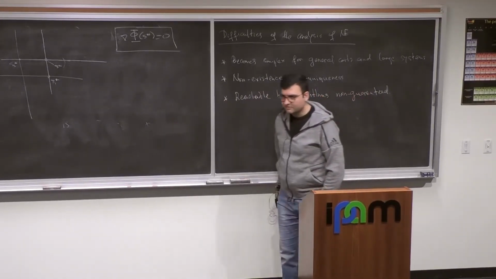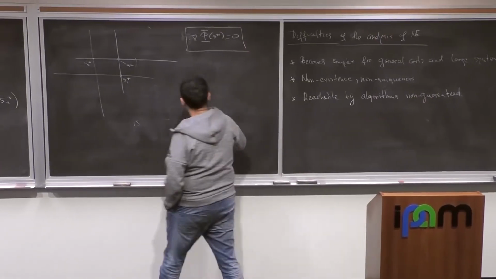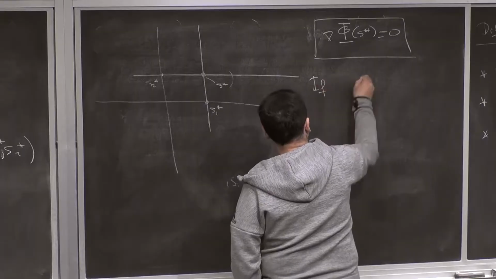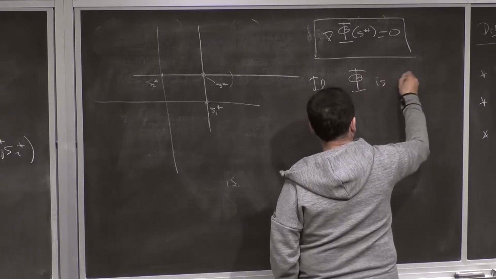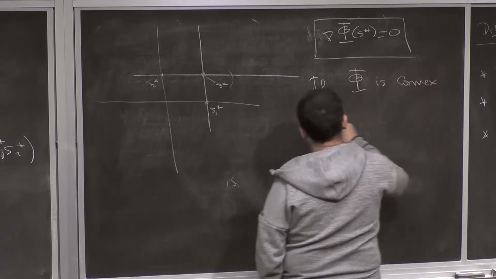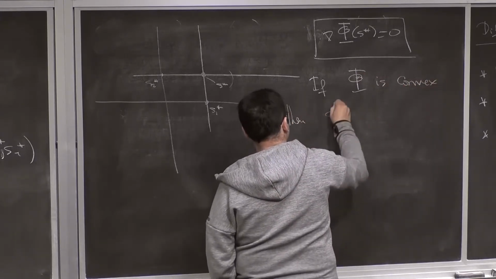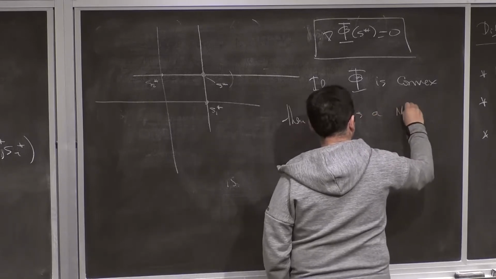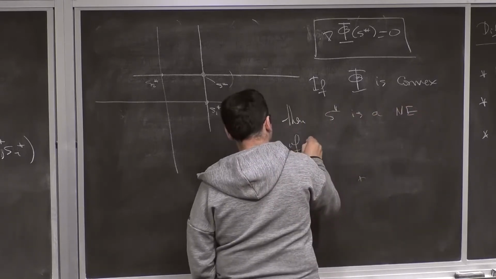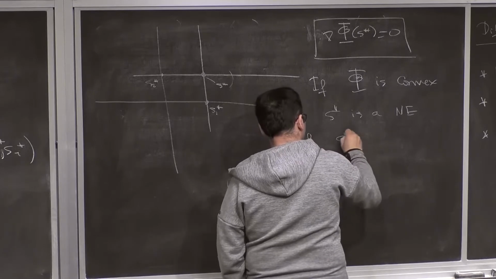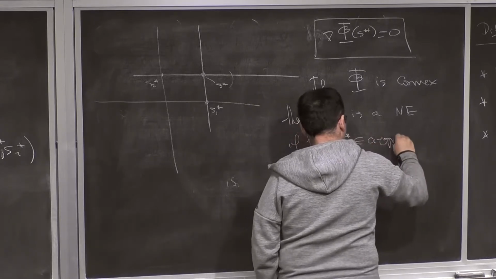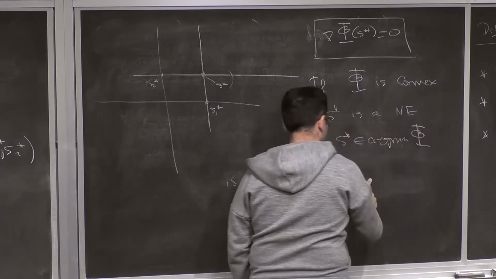It's way more information and way more structure. So how can we get luckier than that? Exactly. If we're even luckier, and it happens that phi is convex, then S star is a Nash equilibrium if and only if X star is a minimizer of function phi.